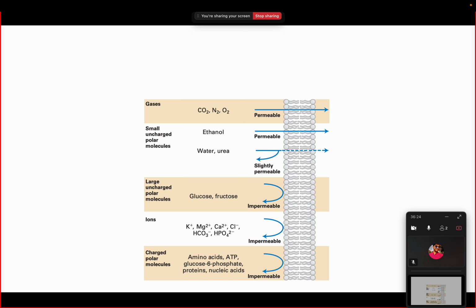So the actual need of having proteins in the membrane can be easily understood from this figure. As you know, the membrane is made up of lipids, a bilayer. Lipids make a hydrophobic environment. In chemistry 101, we know that like dissolves like, correct?